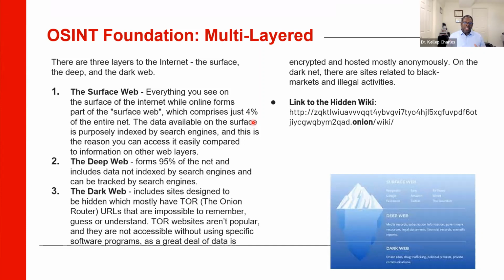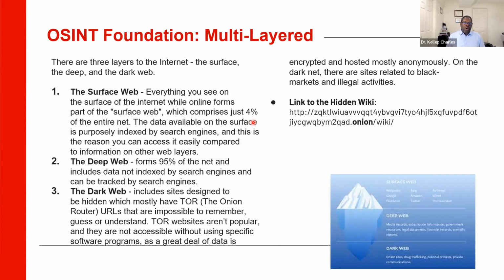And that information is indexed and it's made to be a user-friendly interface so you can access that information. But as an OSINT investigator, 95% of the information that is on the net is in the deep web and the dark web. So if you're only using the surface web, you're not using the full capabilities that are needed to be an OSINT investigator.